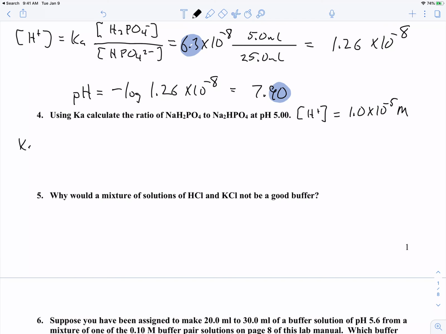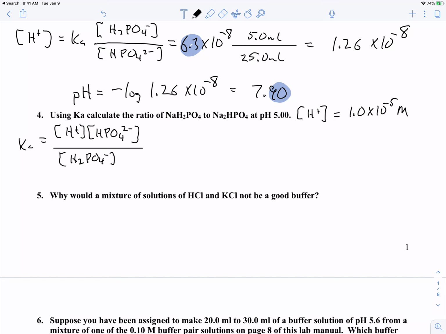So Ka, let's use our expression, hydrogen times our conjugate base, the monohydrogen phosphate ion, over our weak acid, the dihydrogen phosphate ion.